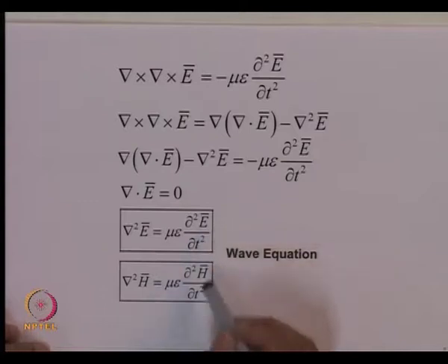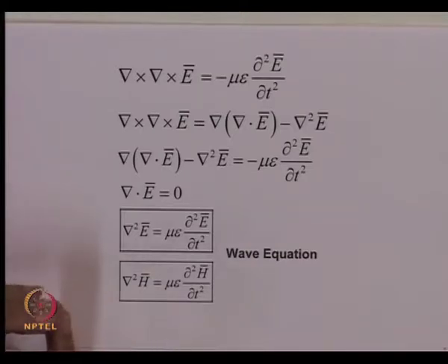These equations are nothing but what are called the wave equations. So what we find is that if I consider the time varying electric and magnetic fields, then they constitute a wave phenomenon. So these fields are going to propagate in this medium in the form of waves.